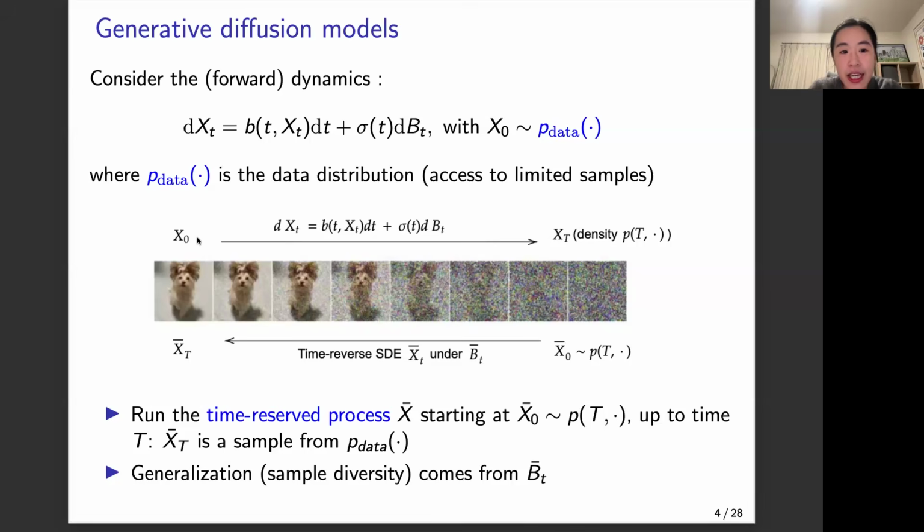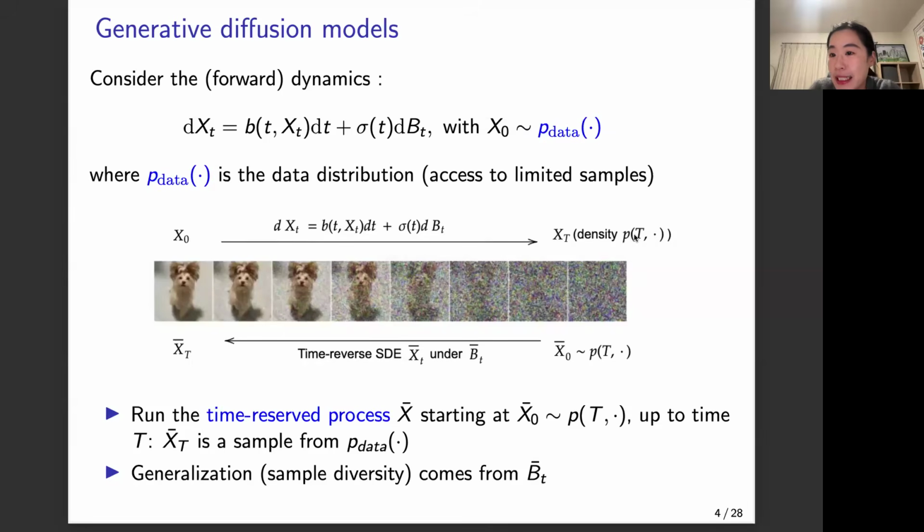Then we can gradually add noise to our initial data. We can think about x0 as an image from the data set. We gradually add noise to this image according to this differential equation. Then as time moves on, the picture will get more and more blurred. At a certain time capital T, the picture will just look like white noise.